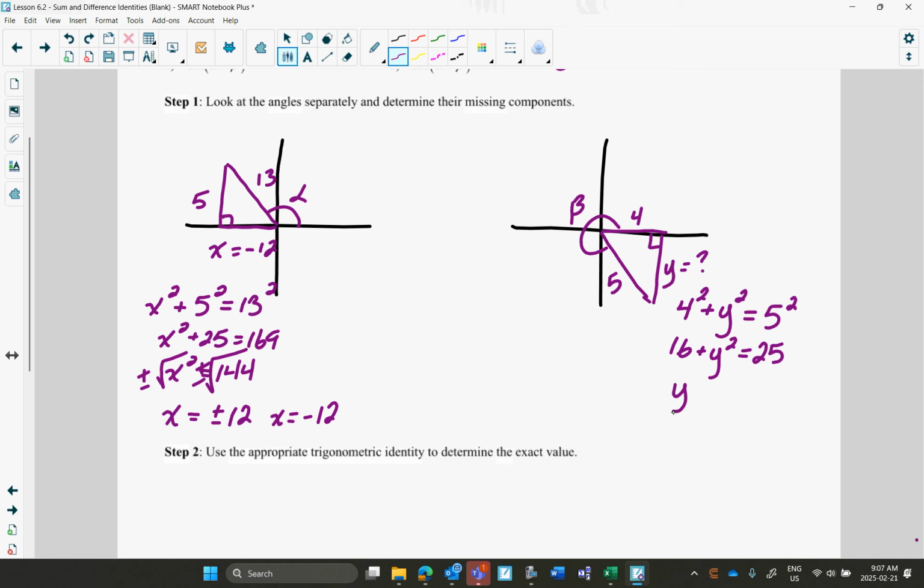Y squared is equal to 9. Plus minus square root those. And you get y is equal to plus or minus 3. But because we're in quadrant 4 and the vertical side is going down, that means y is negative.